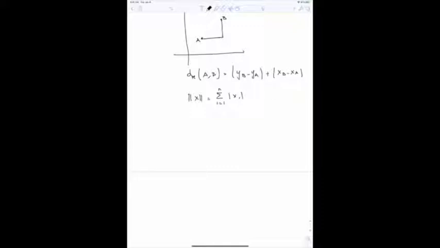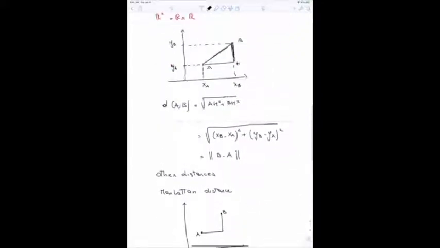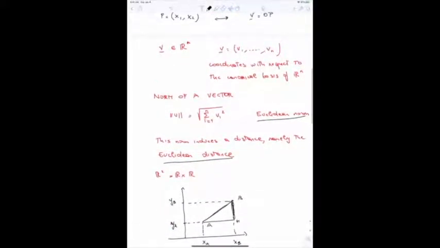This is also called the L1 norm. This is also called the L2 norm.